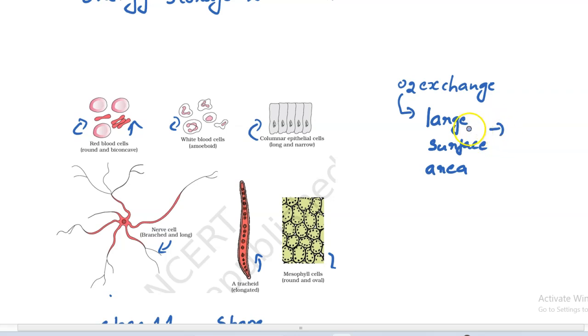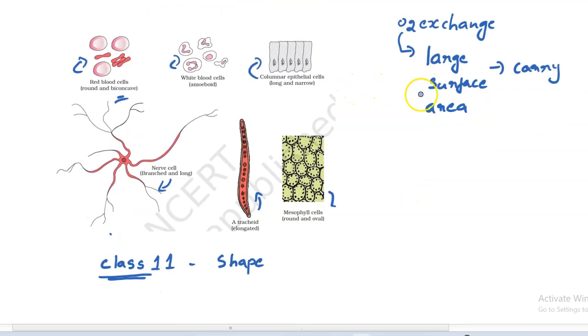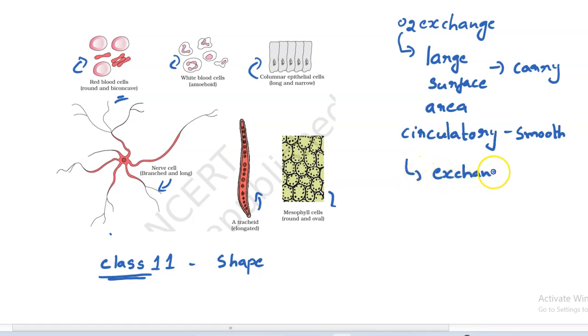Due to this, they can carry a large amount of oxygen. Due to the biconcave structure, they can pass through the circulatory system smoothly and transfer the oxygen. That is, they can exchange the gases easily in the capillaries present in the tissues.